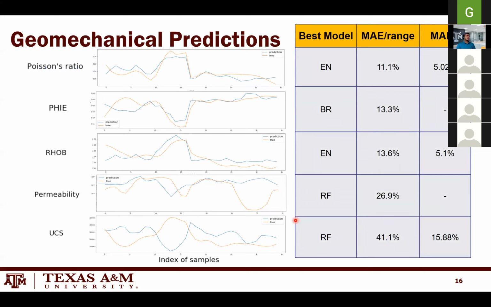So these are some predictions for Poisson's ratio, effective porosity, rho B, permeability, and the uniaxial compressive strength. If you look at MAE divided by range: 11%, 13%, 13%. We cannot do much for permeability.